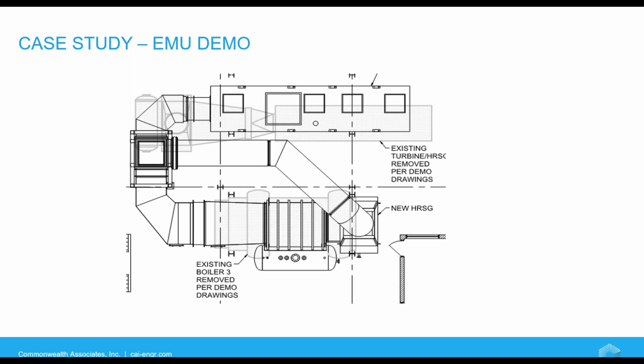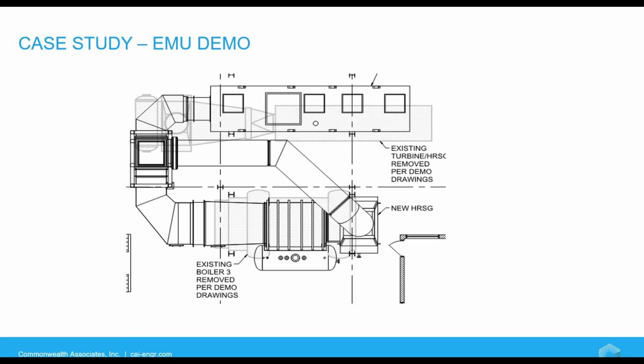All right, so since this project was a replacement of the existing CTG, demolition also had to be considered. As I mentioned, the existing CTG and HRSG were in line. You can see them in the light gray near the top of this picture. But due to the size of the new equipment, that configuration would no longer work with the existing building confines.